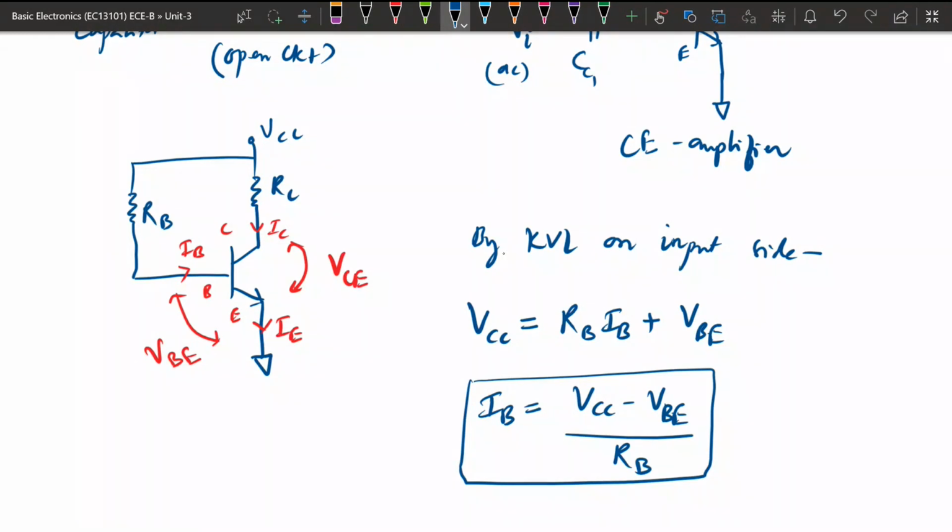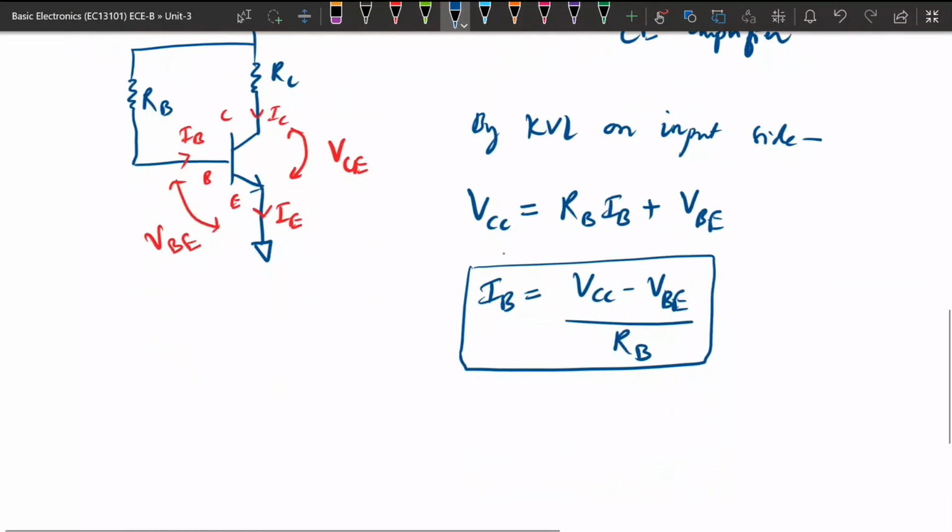Here IB is decided by VCC minus VBE divided by RB. When RB is fixed, VBE is fixed for a silicon BJT at 0.7 volt, and VCC is fixed, IB will be a constant, fixed value.